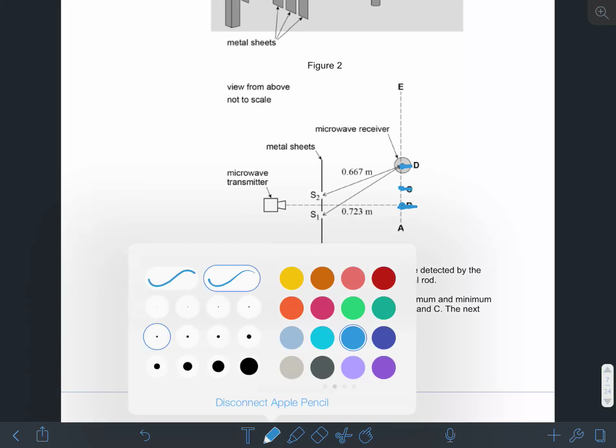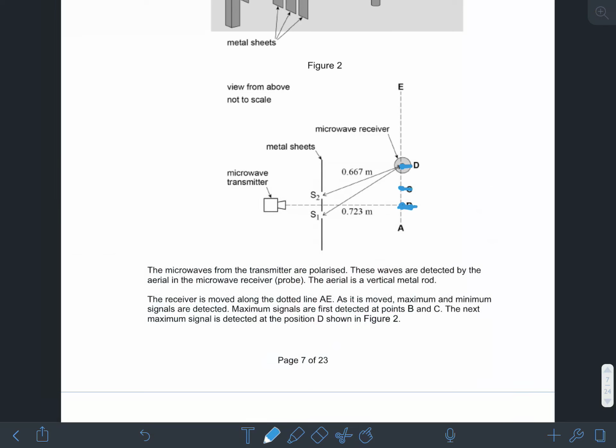Now, I think some people misread this and thought that this was a maximum and the C was a minimum. Okay, but it's not. So, C here is another maximum. That means in here somewhere, there's a minimum.